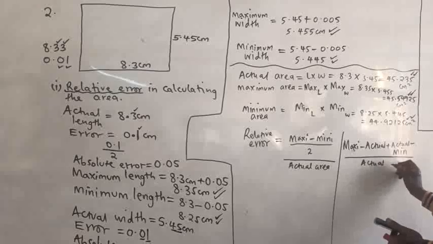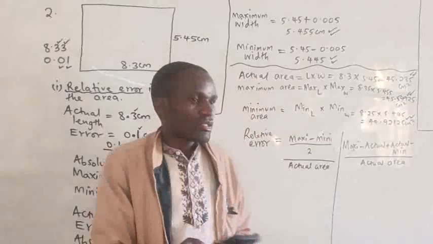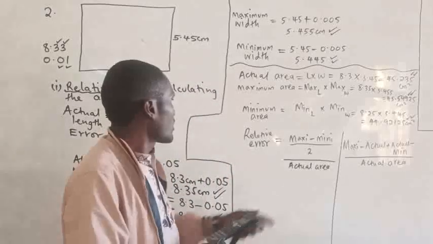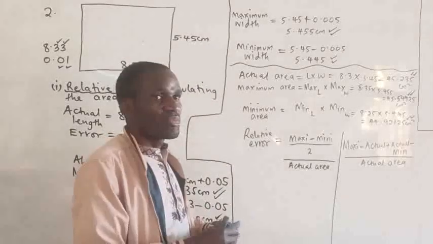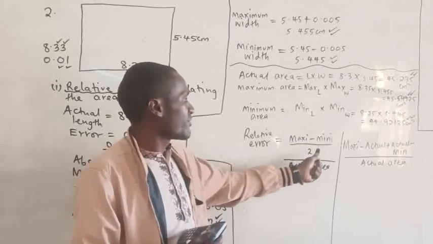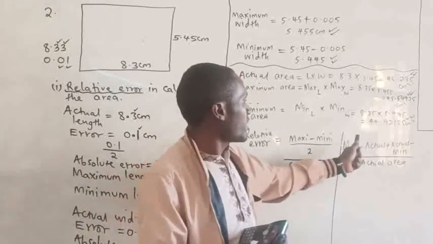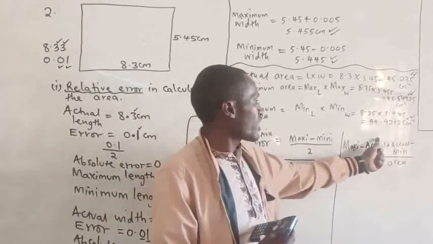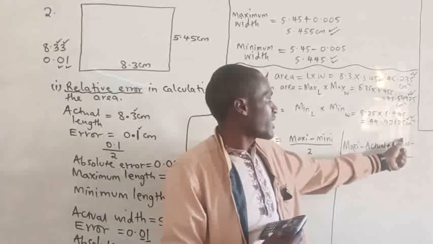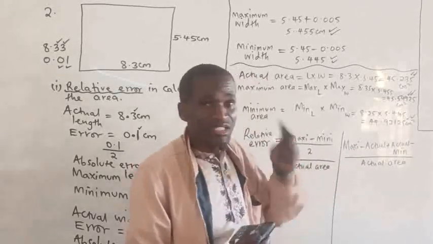That can give what you call relative error. So someone can say relative error is obtained by maximum area minus minimum area divided by 2 over actual area. But I can decide to say maximum area minus actual area plus actual area minus minimum area, divided by actual area. That gives you what you call relative error.